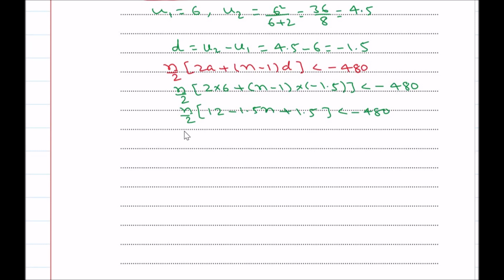Now 2 goes to the other side, so here it comes only n, and if we combine the like terms in the bracket, we get 13.5 minus 1.5n less than minus 960. 2 goes to this side and multiplied, so 960. Okay, let us write.